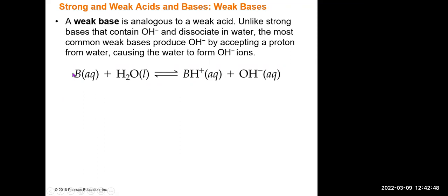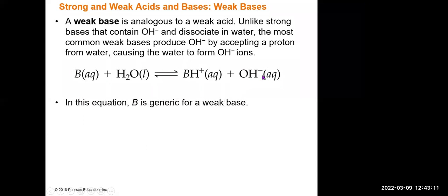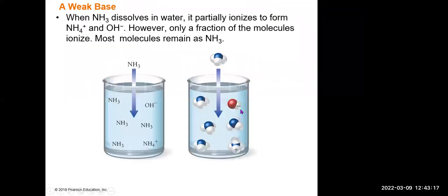Here is a generic name, B, standing for base, not for boron. It's just B for base. The base reacts with water: the base accepts the H+ from water and becomes BH+, and the water becomes OH−. In this reaction, B is a generic name for a weak base, not boron again.